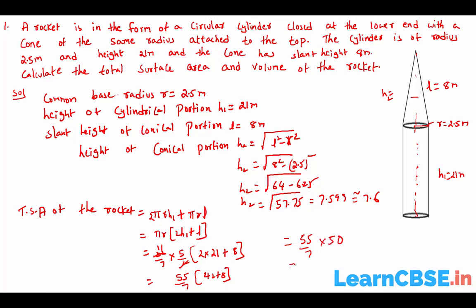That means 55 into 50 equals 2750 by 7. Nearly you will get 392.857 meter square.